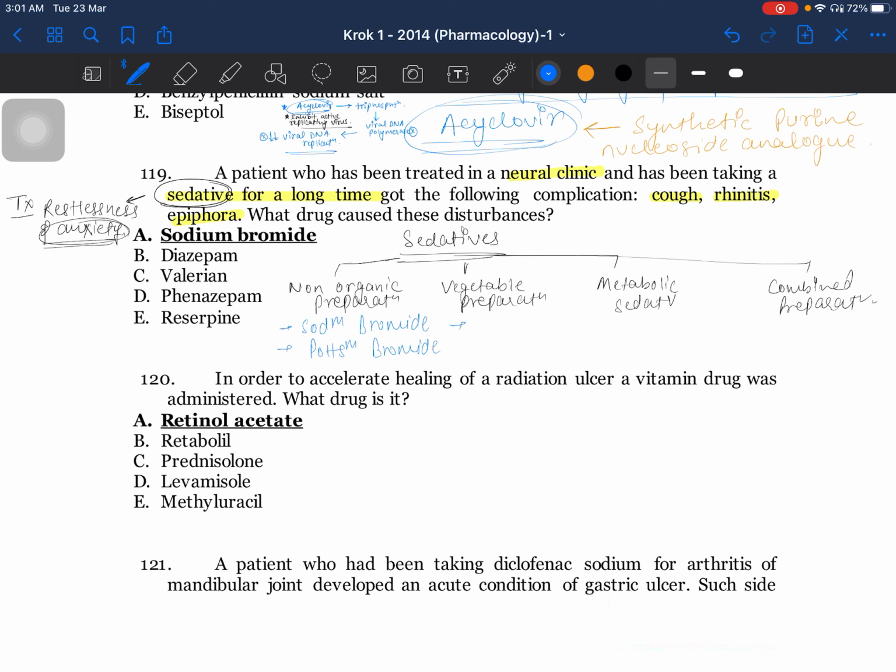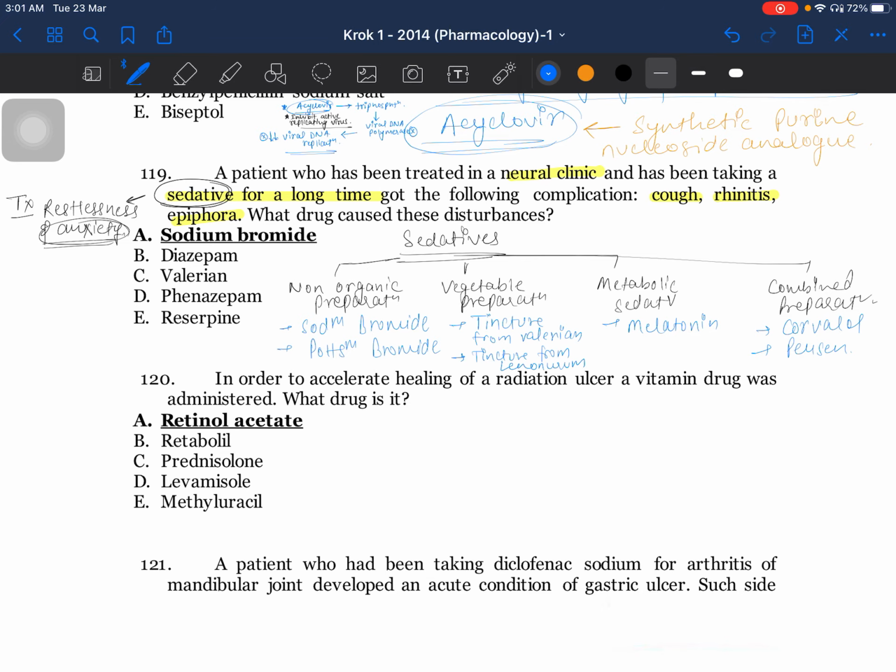In the case of vegetable preparations, tincture from valerian and tincture from leonurus. In the metabolic sedative, we have melatonin, and in the combined preparations, we have corvalol and persen.